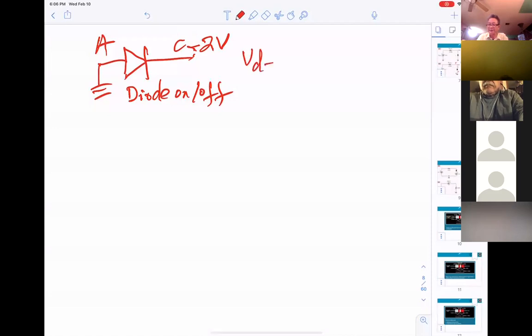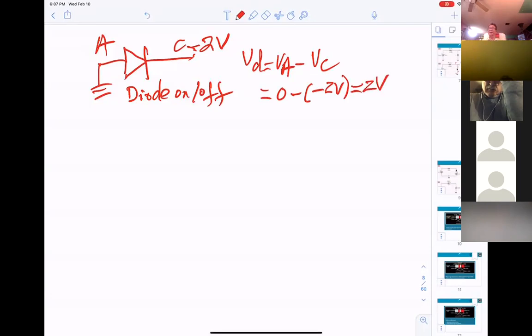VD here will be VA minus VC, and that will be VA, 0 volt, minus minus 2, right? And that will be equal to 2 volts, correct? Right.